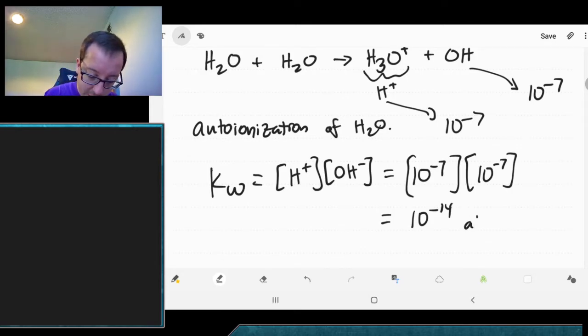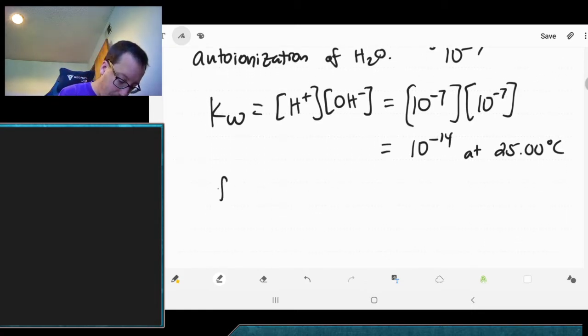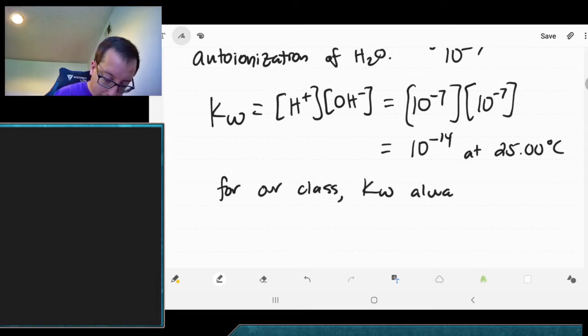This value is also only true at 25 degrees Celsius. It does change a little bit with temperature, but for our class, it's always 10 to the minus 14, and we're going to treat it as an exact number.